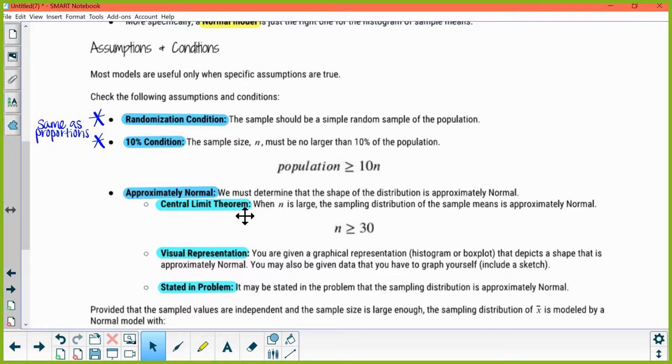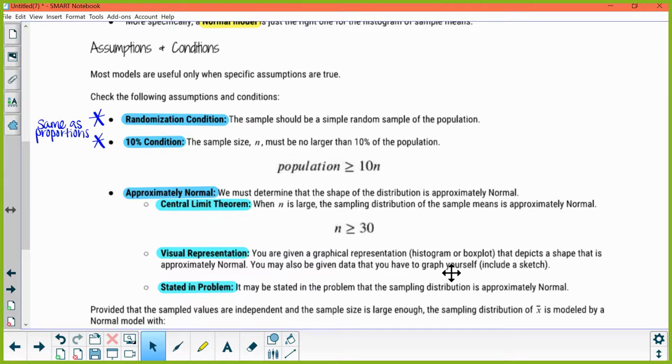If you do not have a sample size that large, you do have other options. Sometimes you are given a graphical representation, a histogram, a box plot, a dot plot, something that has the data organized. And if you can see normality in that graph, it's good to go. You can say, based on the given graph, we'll assume it's approximately normal. Now, sometimes, and I will say most likely not on the AP exam, they will give you data to enter into your calculator and see for yourself, is it approximately normal?